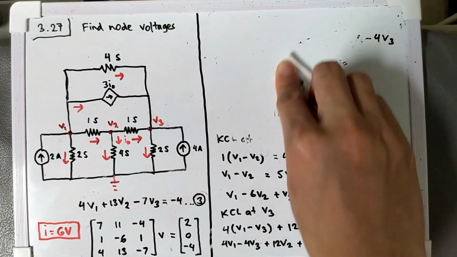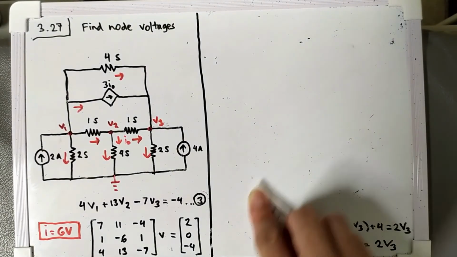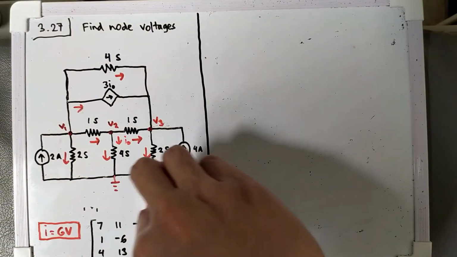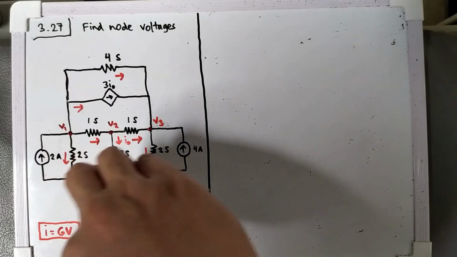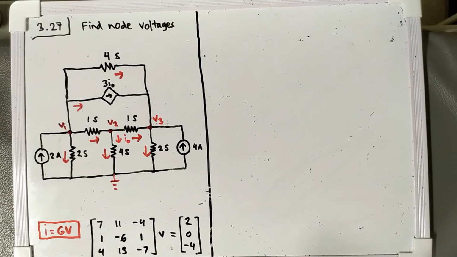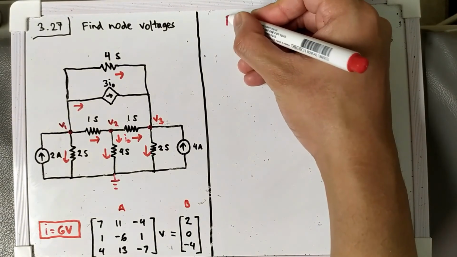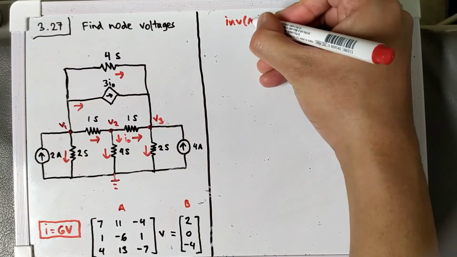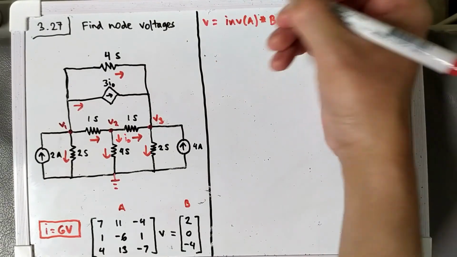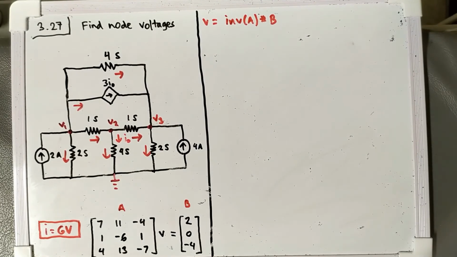Let me erase all the things that are not needed. You can plug this into MATLAB by naming this matrix as matrix A and this matrix as matrix B. You can just do inverse A multiplied by B and name it matrix V. Let me calculate the result using MATLAB.